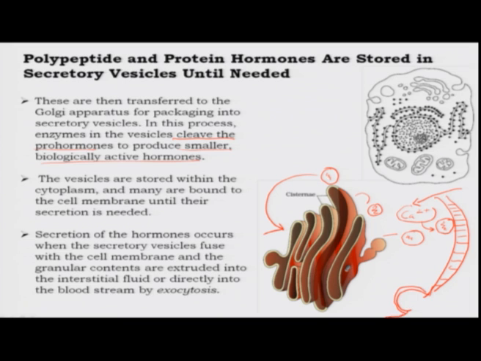The vesicles are also bound by a lipid bilayer, and as they fuse with the membrane, they release their contents into the extracellular space, into the interstitial space, and sometimes directly into the bloodstream. So, this process is called exocytosis, and through this, secretion of protein or peptide hormones takes place.